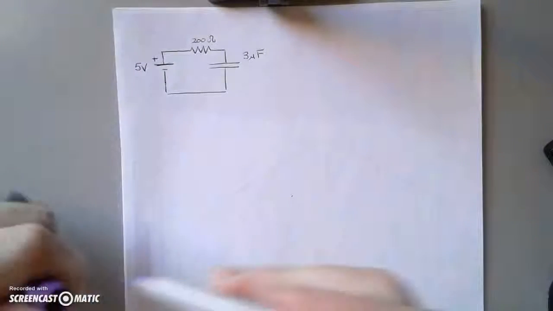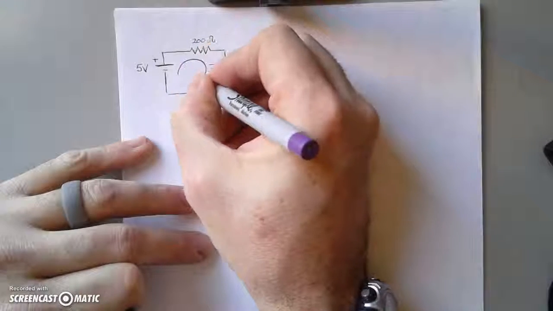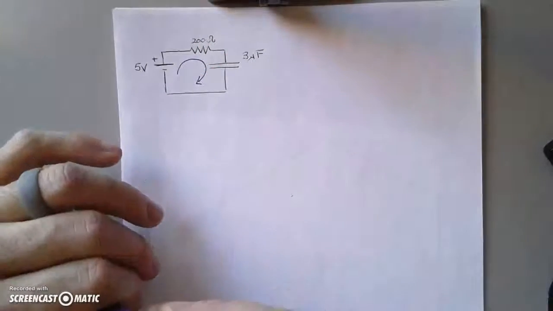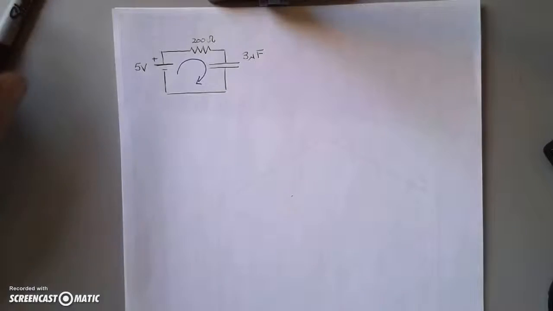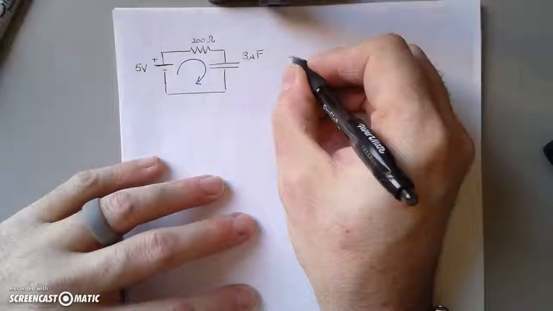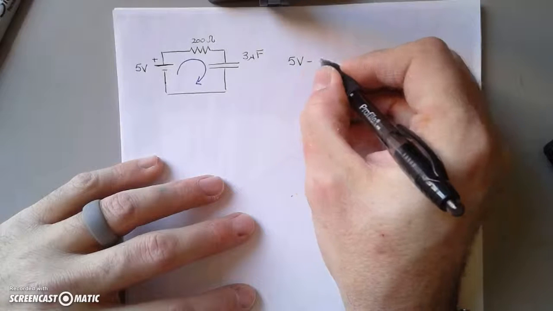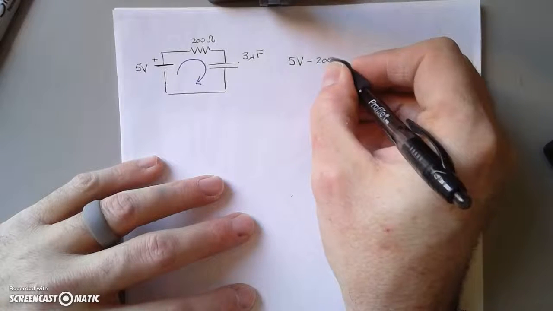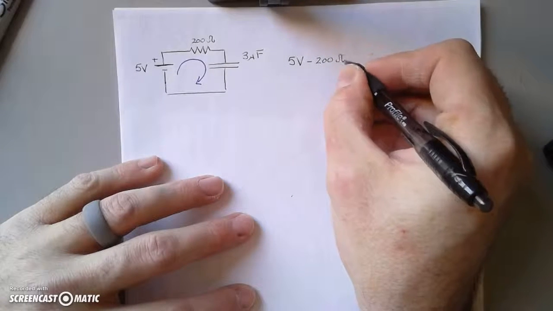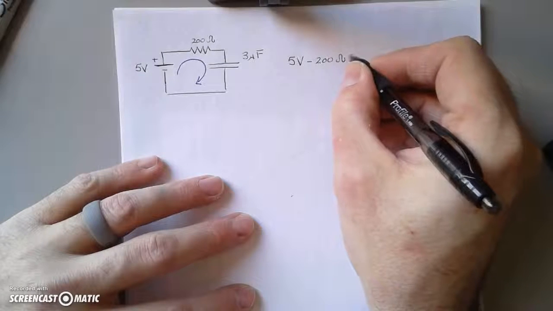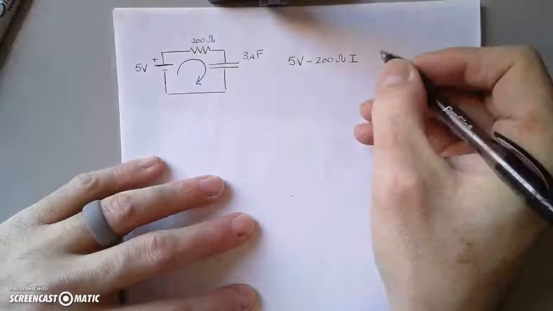First, let's get our differential equation for this. So using Kirchhoff's voltage law, going around the circuit, we have 5 volts. Then we drop 200 ohms times I, IR.